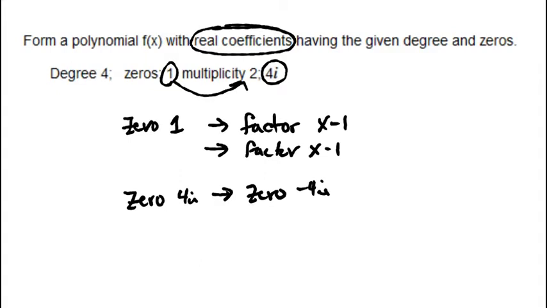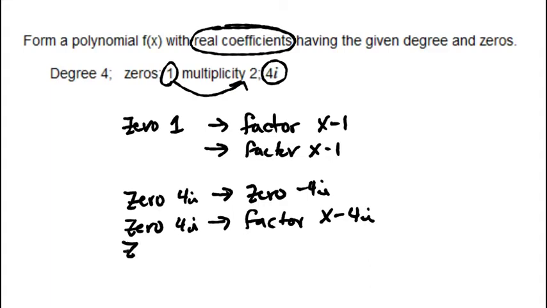So that means that for the zero of 4i, we have a factor of x minus 4i, and for the zero of negative 4i, we have a factor of x plus 4i. We're going to use these factors to form the polynomial.